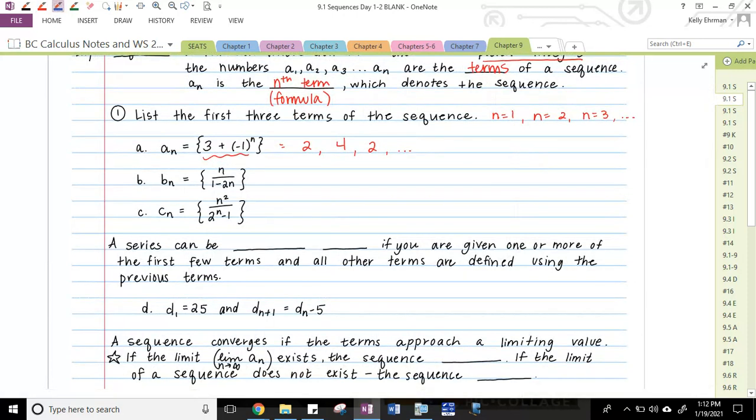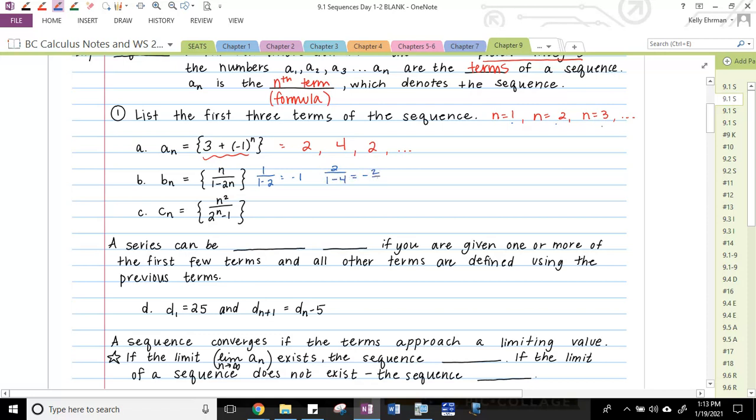All right. For the next sequence, b sub n, it's n over 1 minus 2n. We're still just plugging in n equals 1, 2, and 3. If I plug in 1, I get 1 minus 2, so I get negative 1. If I plug in 2, I get 2 over 1 minus 2 times 2 is 4.